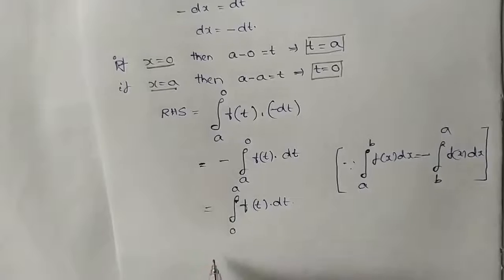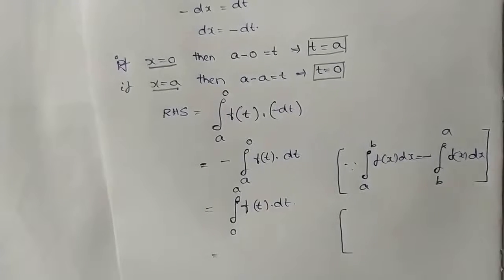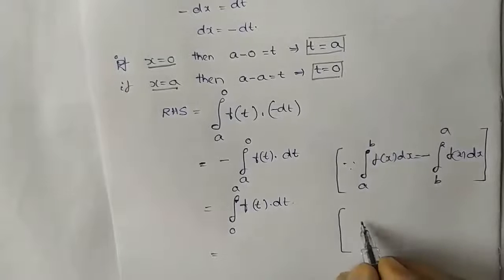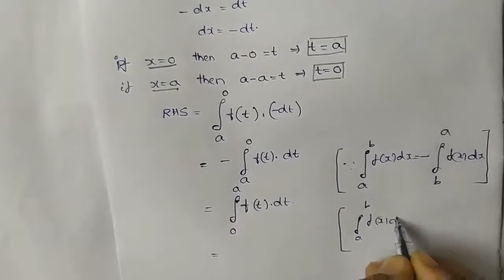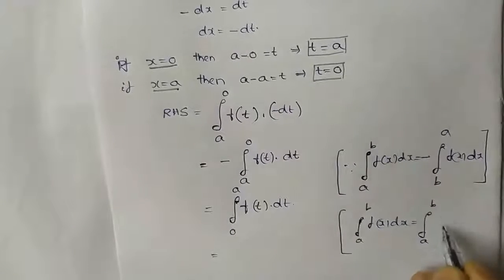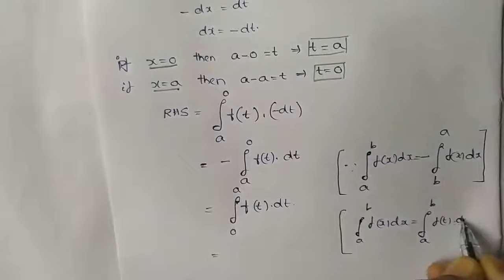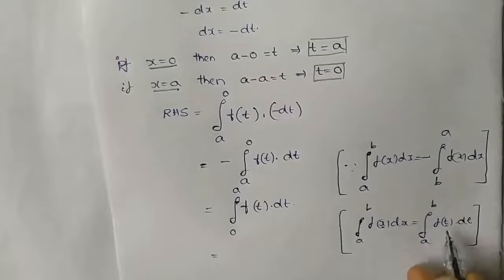Next, we have one more property. You just recall that property: integration of a to b f of x dx equals integration of a to b f of t dt. We can change the variables; in place of x we can also put t.